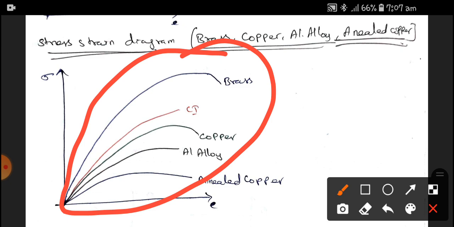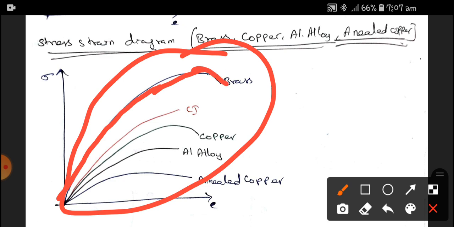What does it mean? We think it is a ductile material, but it is not. It is a bit like a brittle material because it does not show any evidence before fracture. When we elongate, it can elongate like an elastic material, but at a certain point, it tends to break.